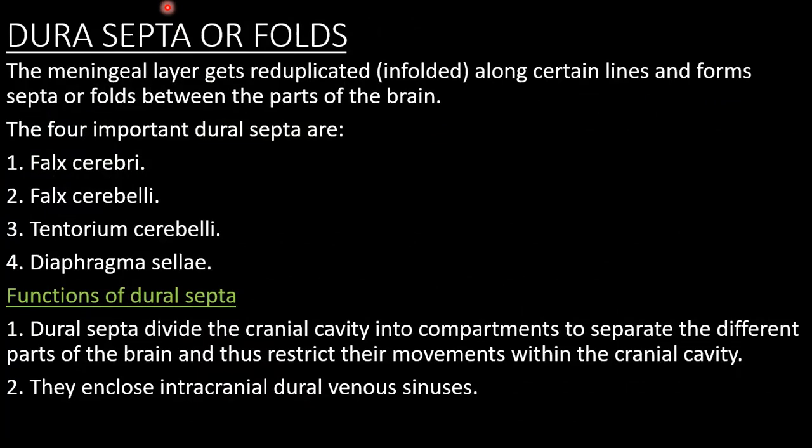Now, the inner meningeal layer, I said, gets enfolded in certain lines to form septa or folds between parts of the brain. We will discuss four main dural folds or septa, namely falx cerebri, falx cerebelli, tentorium cerebelli, and diaphragma sellae.